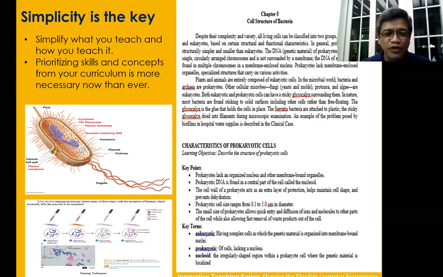I have to see to it that when I have my online lecture, I will simplify the terms and make the topic more enjoyable. And of course, what have you noticed here? I have prioritized skills, and there are a lot of key points here. These are the concepts that I am going to drive at during my discussion.